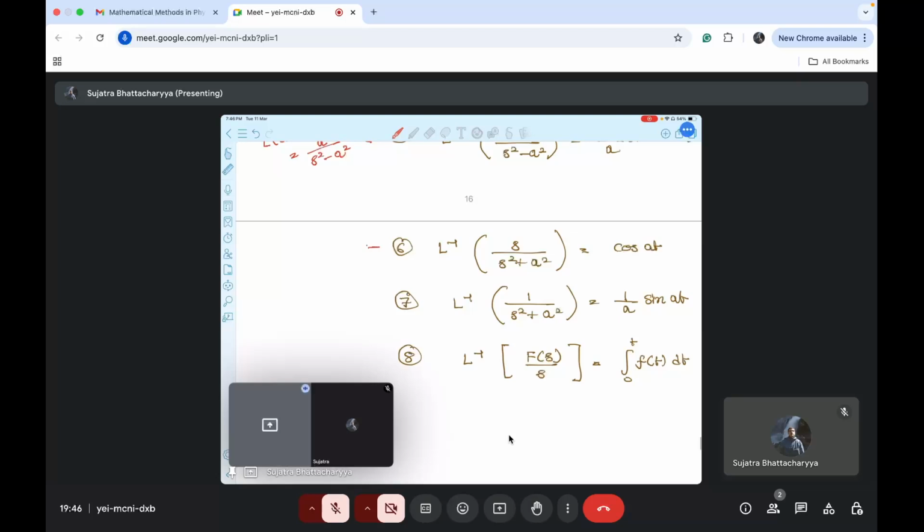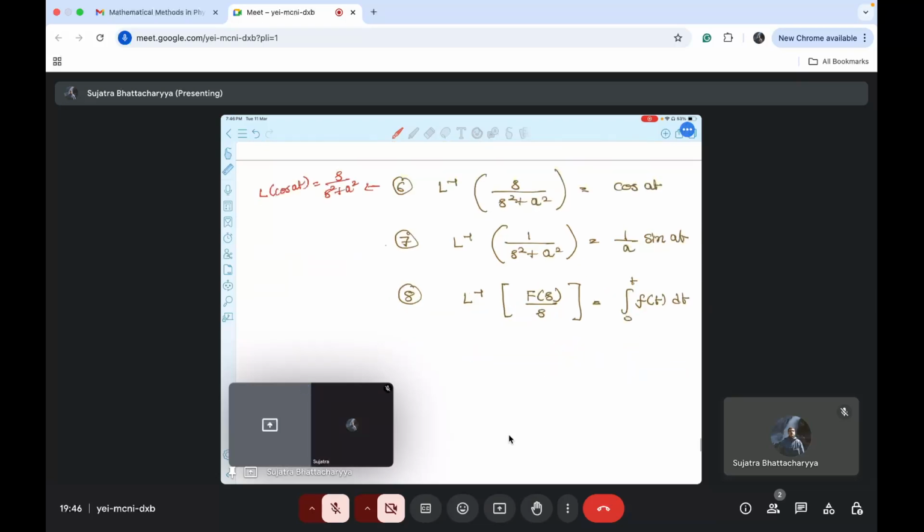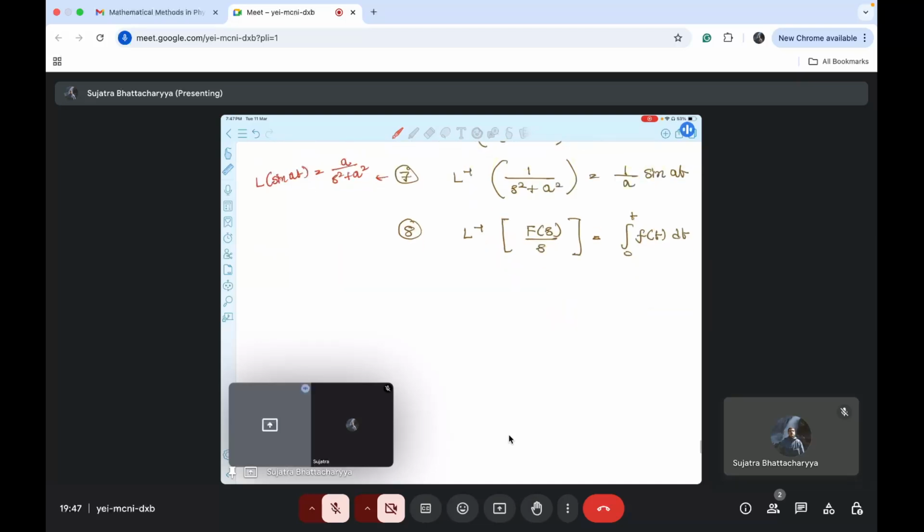This is Laplace transform of cos at is s upon s square plus a square. This is Laplace transform of sine at, which is a upon s square plus a square. And finally, Laplace transform of integral 0 to t f(t) dt is F(s) by s.